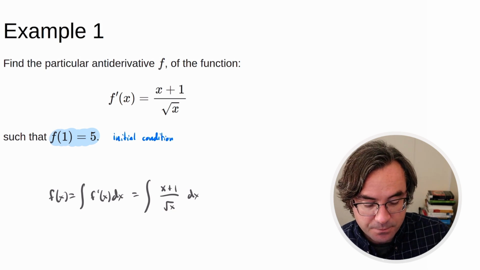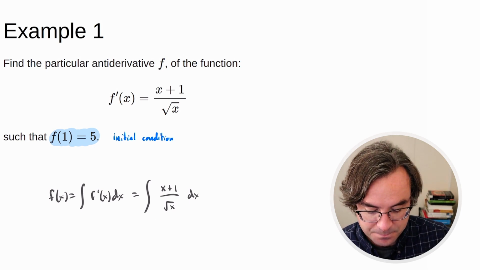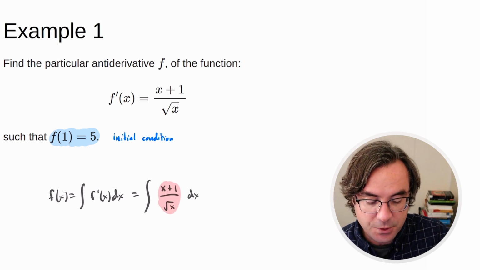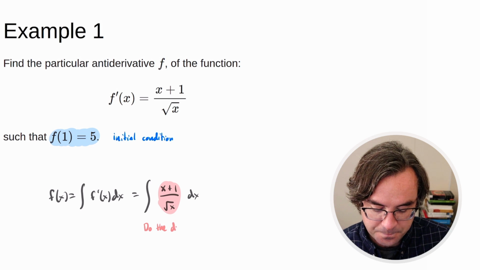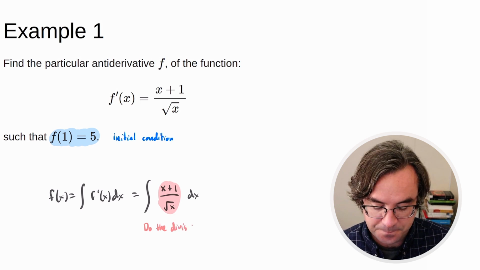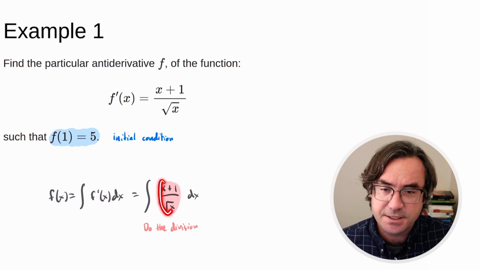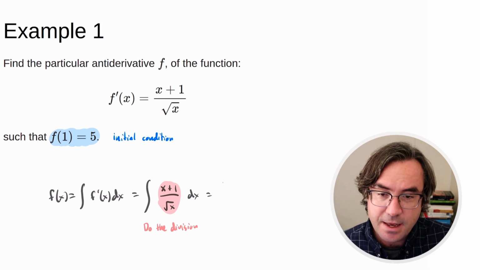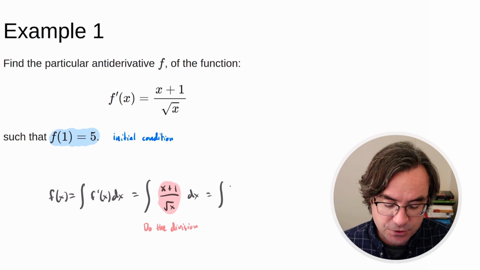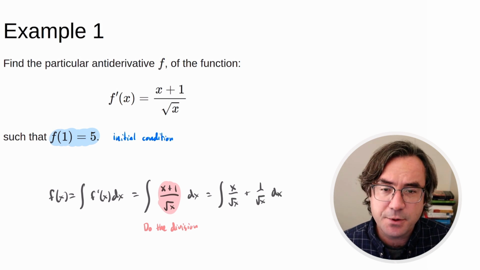So we're going to rewrite this using division. Let's take the x and the square root x, and they're going to get their own fraction. Then we'll take the 1 and the square root x, and they'll get their own fraction. So we're just breaking this up.